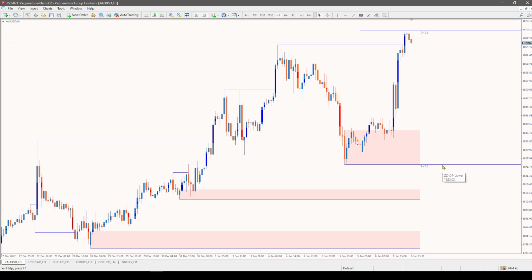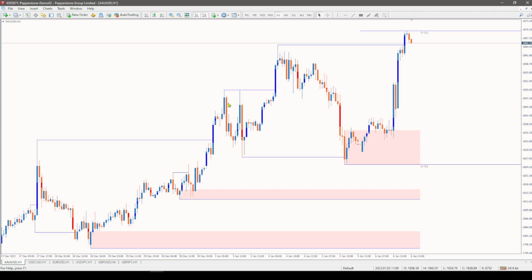The blue line is basically saying it's a break of structure or change of character.